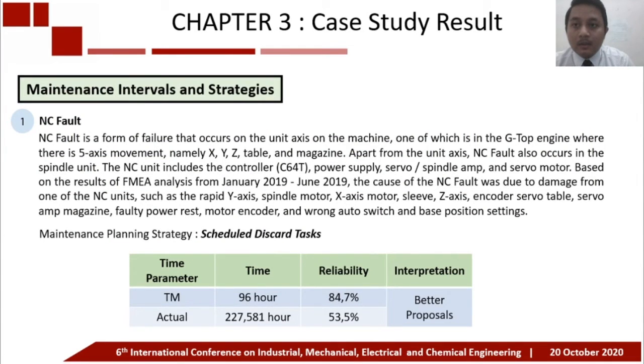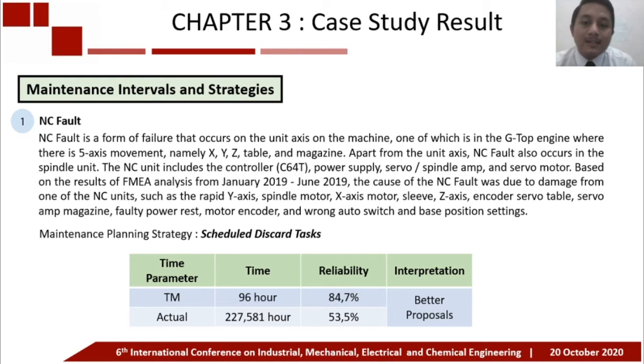The first failure mode is NC fault. NC fault is a form of failure that occurs on the unit axis on the machine, one of which is in the G-top engine where there is 5-axis movement, namely X, Y, Z, and table and magazine.